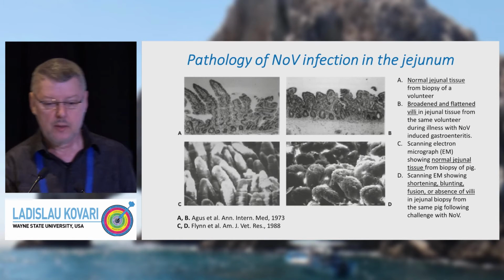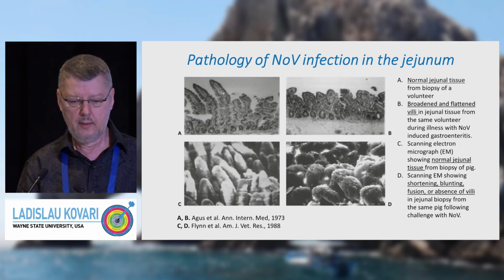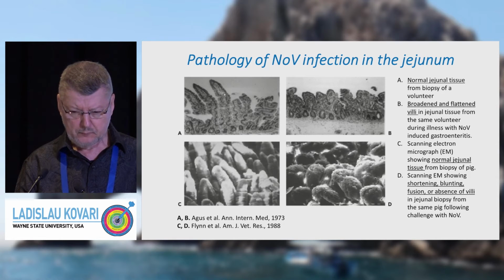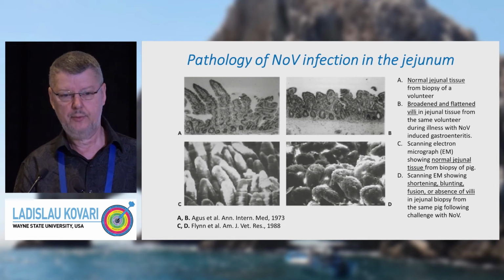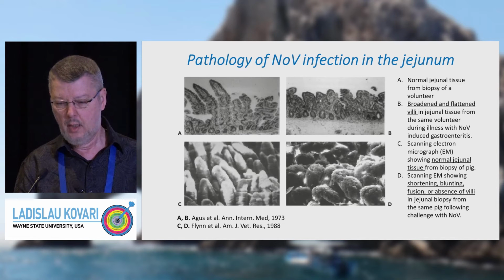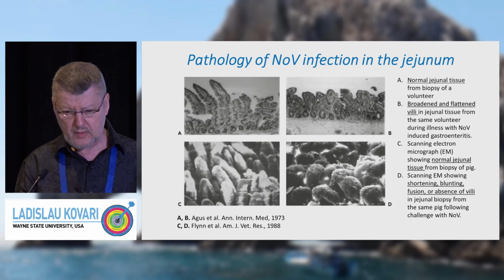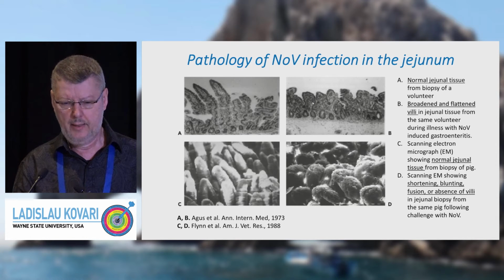Regarding the pathology of the disease, these are the villi from a healthy volunteer prior to norovirus challenge. And after norovirus challenge, during gastroenteritis, there are these characteristic broadened and flattened villi.